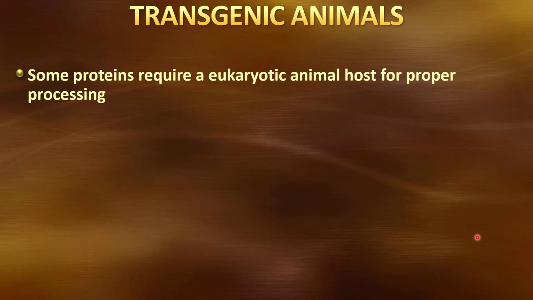So we can use those organisms for some things, but there are certain types of treatments that we would really need a eukaryotic cell and perhaps an entire organism to really understand the full extent of this disease process.